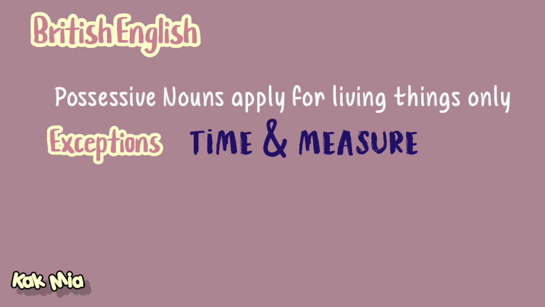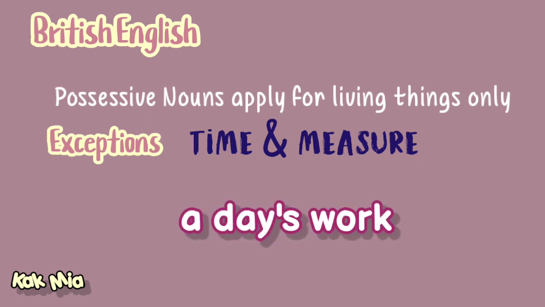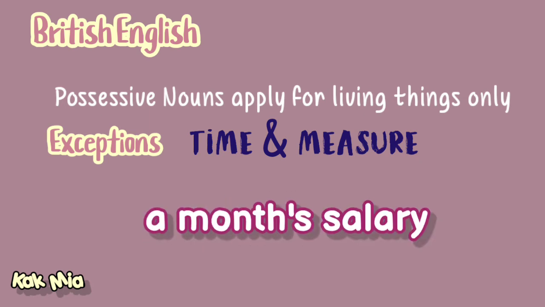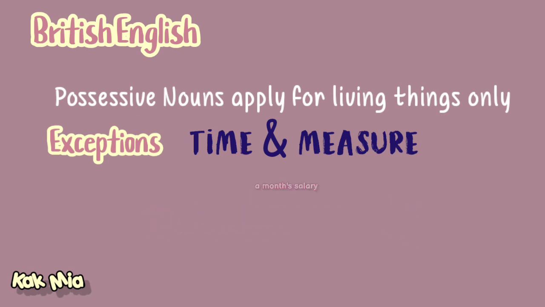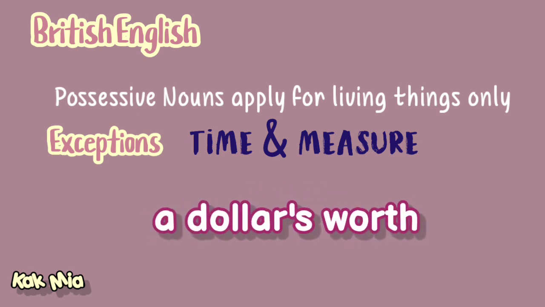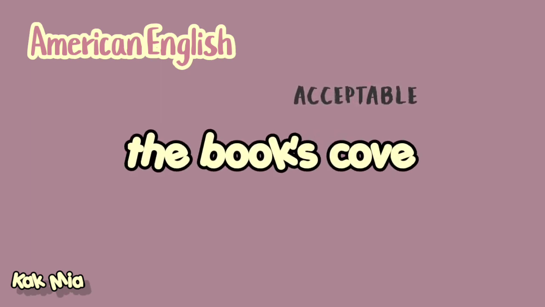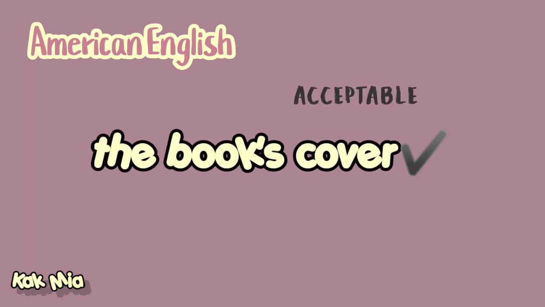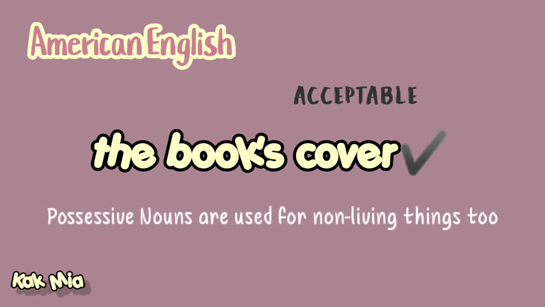For example, a day's work, a month's salary, the sun's rays, a dollar's worth. However, in American English, it is acceptable to say the book's cover. In American English, possessive nouns are also used for non-living things too.